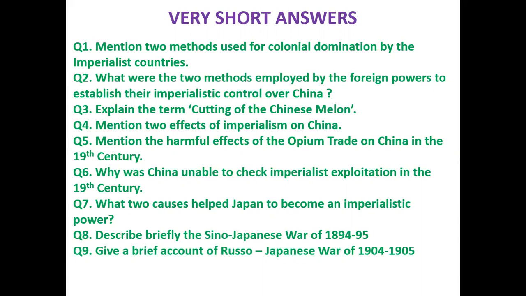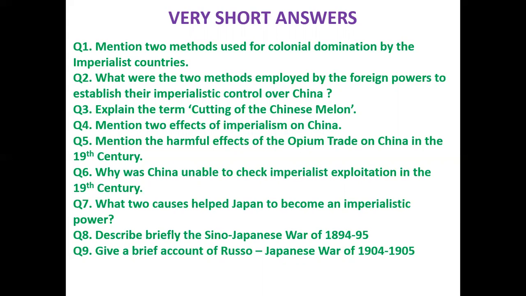China was badly defeated, and they had to pay huge damages and open 5 ports to the British traders. Hong Kong was handed over to Britain, and other countries like France, Germany, Japan, and America also began to exploit this situation and scramble for China.